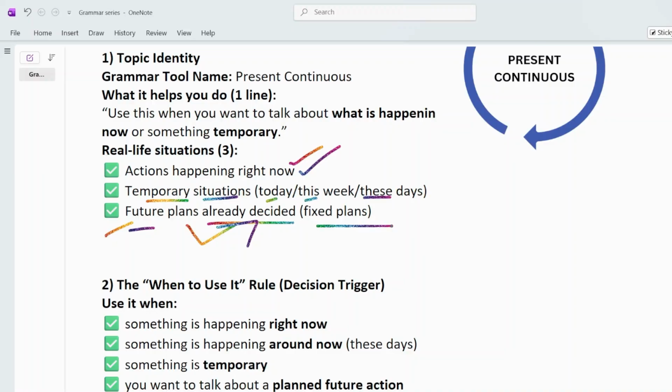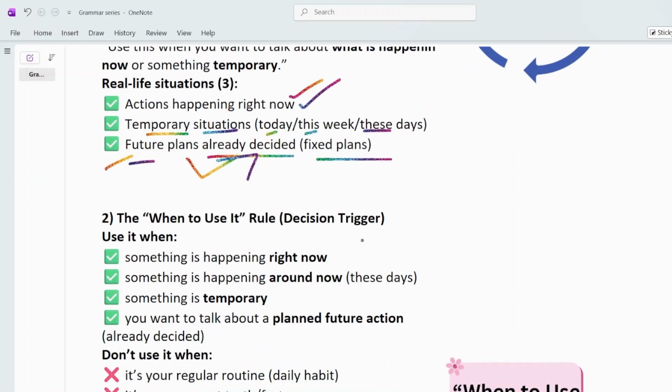We are traveling this weekend. So please remember, present continuous is the tense of current life in motion. Current life, but it has to be in motion. It has to keep happening right now.